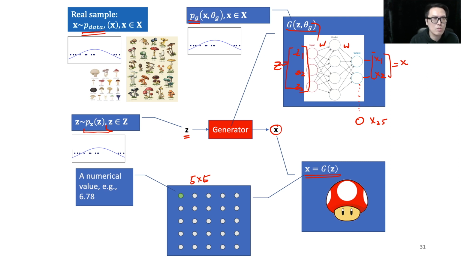This P data distribution could come from a data set, for example many mushroom images, because this generator is going to generate mushroom samples.